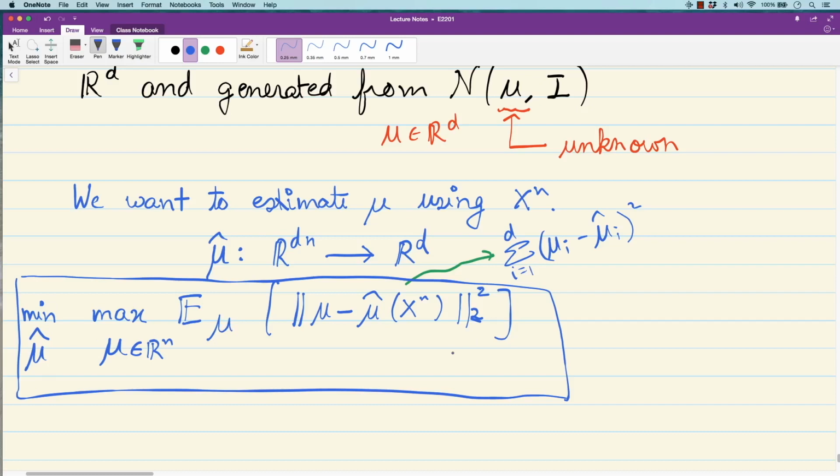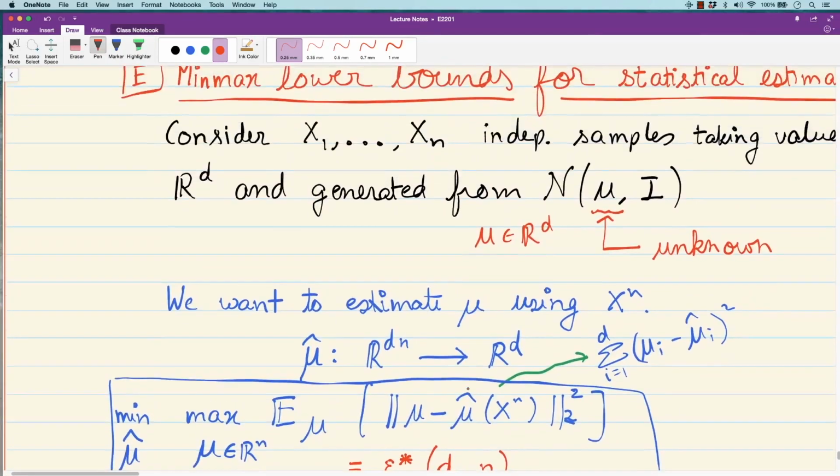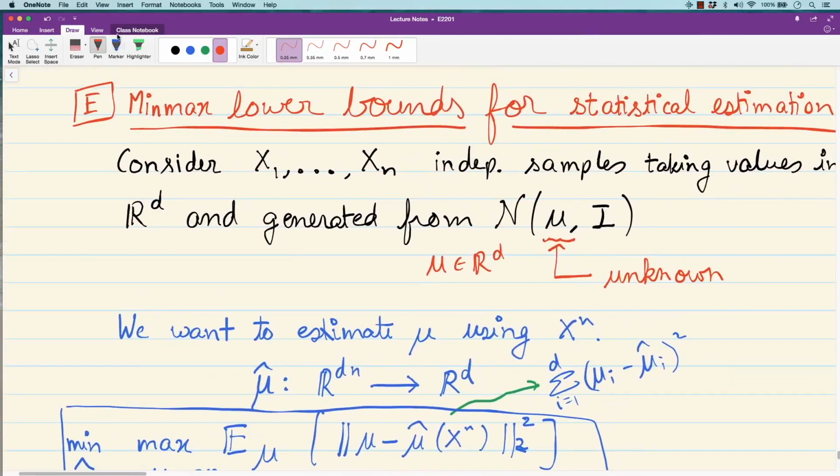We would like to understand how large this quantity is. What are the parameters that determine it? I'll call it epsilon star, as a function of the dimension d and the number of samples n. So we want to understand how epsilon star(d, n) behaves. How fast can the error go to 0 as a function of d and n? That's the problem we are studying.